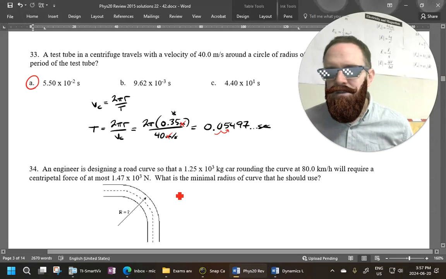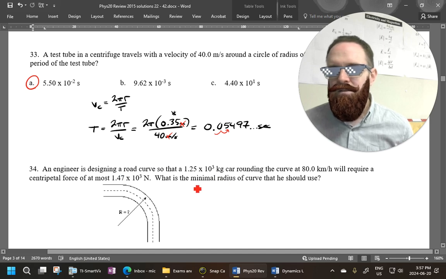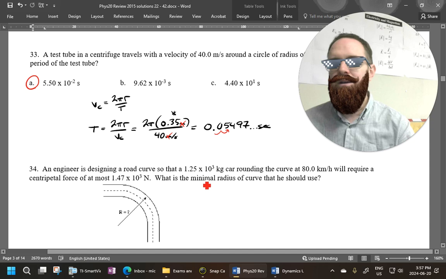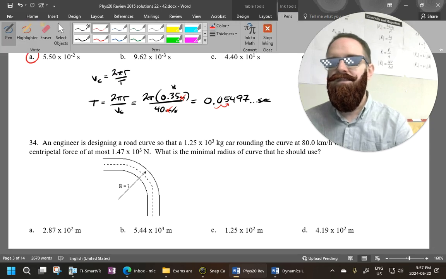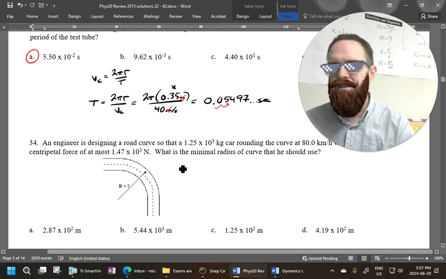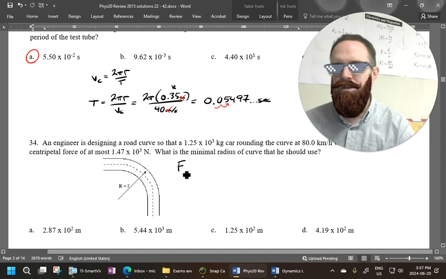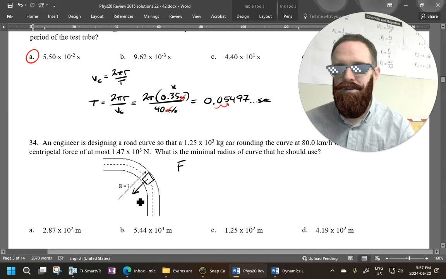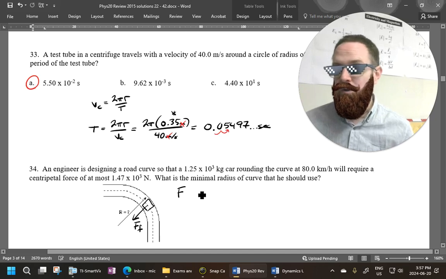All right, so we got this one here. An engineer designed a road. What's the minimum radius of curvature we can have here? Okay, so they're giving us a force here. So if I list off what we have here, this is my force here. So we required this force. Now, the force as you move around here, the force that's keeping the car in the circle is the force of friction, right? That's centripetal force.